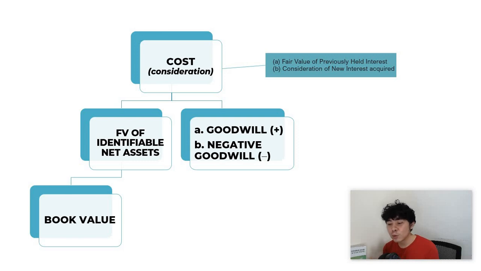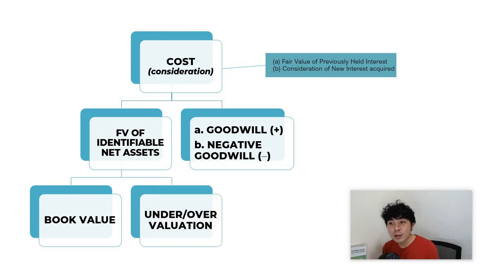At yung difference na yon, ang tawag natin doon is either under or overvaluation. So pag sinabi nating overvaluation, ibig sabihin, mas malaki yung nasa books ni associate compared doon sa fair value. Then kapag sinabi naman nating undervaluation or undervalued ang isang item of asset or liability, it means mas mababa naman yung amount na nasa libro, which is the book value, as compared to its fair value.